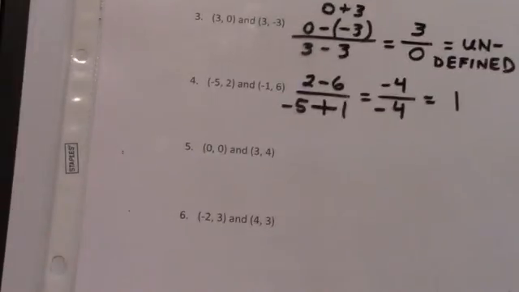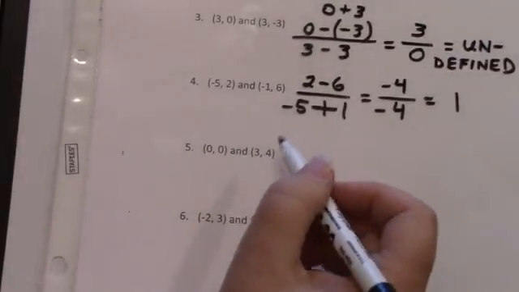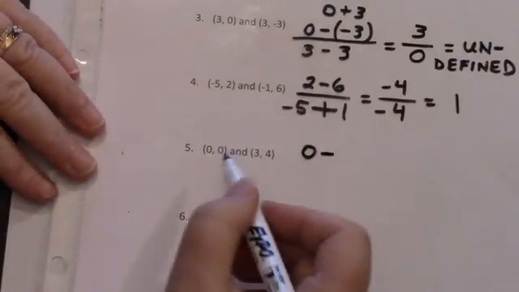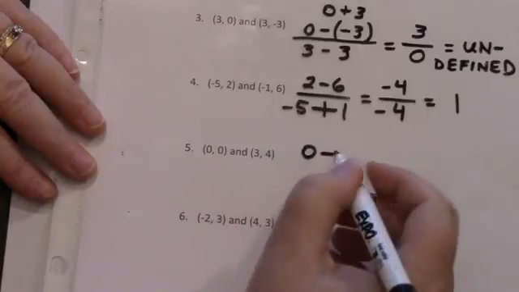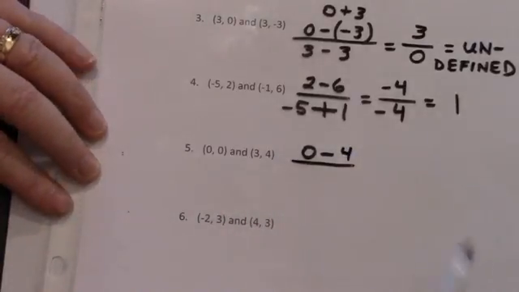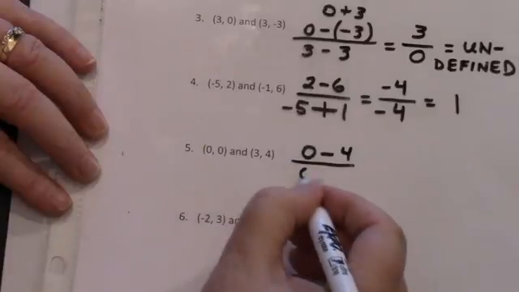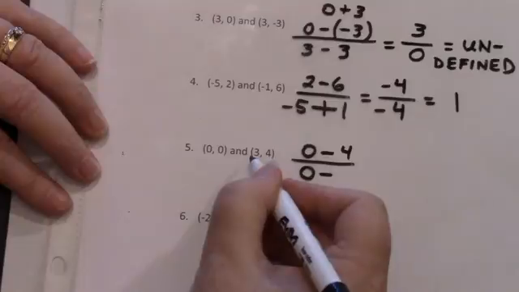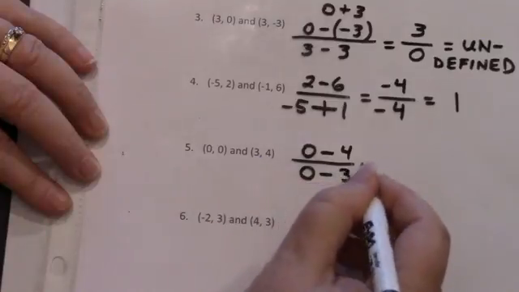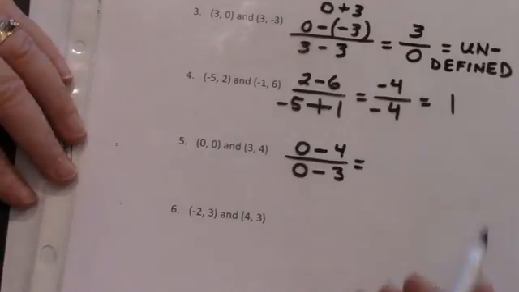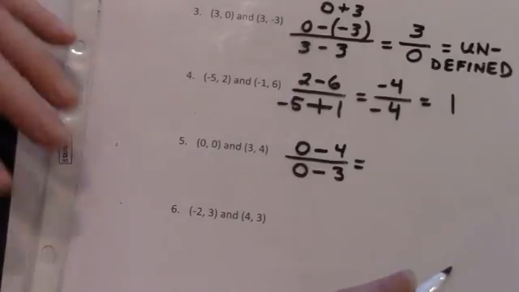Let's take a look at number 5. Let's take a look now at our first y value, which is 0. And we're going to minus the other y value, which is 4. Then we're going to take our x values. That's a 0, and we're going to minus it from this coordinate. X value is 3. Don't take a fast look and say, oh, it's 4/3.